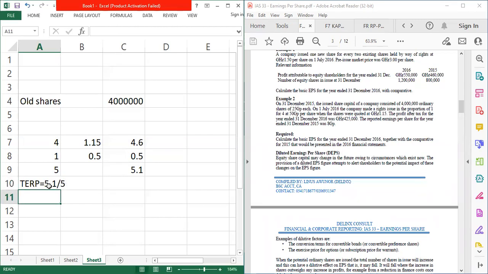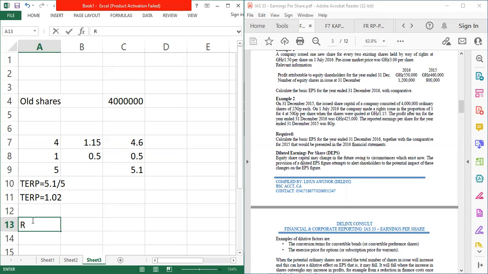How much are we getting? 1.02. Okay, 1.02, no problem. The theoretical ex-right price is 1.02.